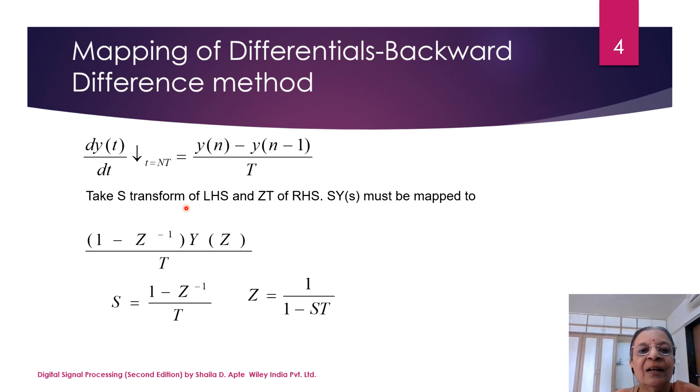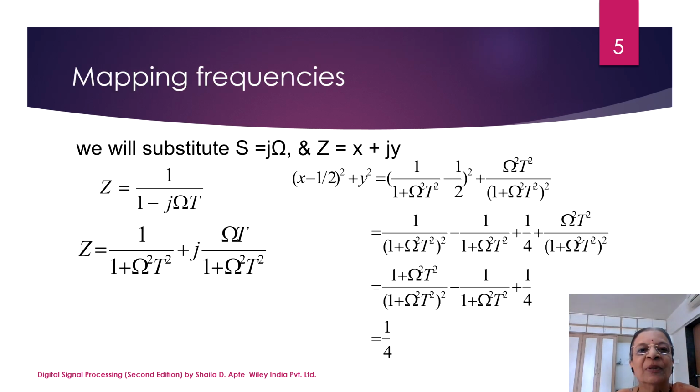If we take the S transform of the left hand side and Z transform on the right hand side, the left hand side becomes S into Y(s), and it transforms into (1 minus z inverse) Y(z) upon T. So S is equal to (1 minus z inverse) upon T is the equation for mapping. In other words, I can write it as z equal to 1 upon (1 minus sT). This becomes the mapping function for the backward difference method.